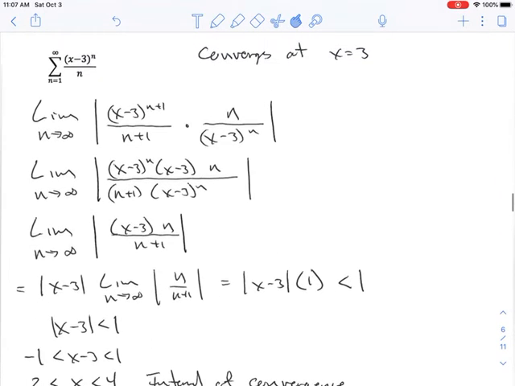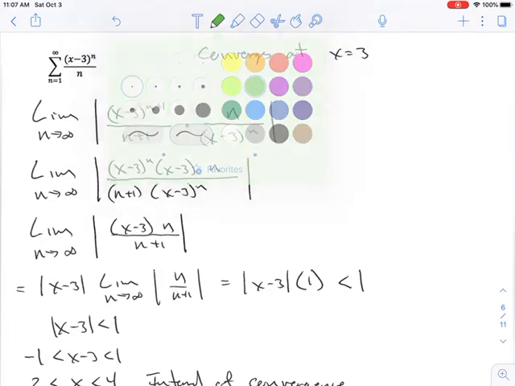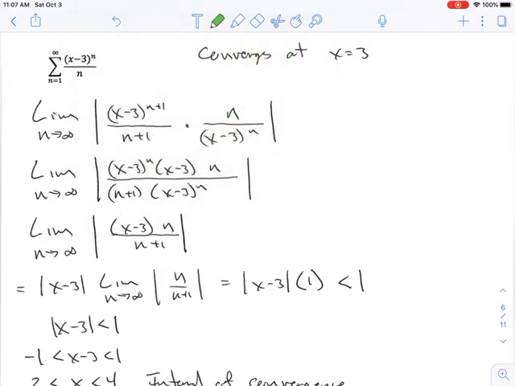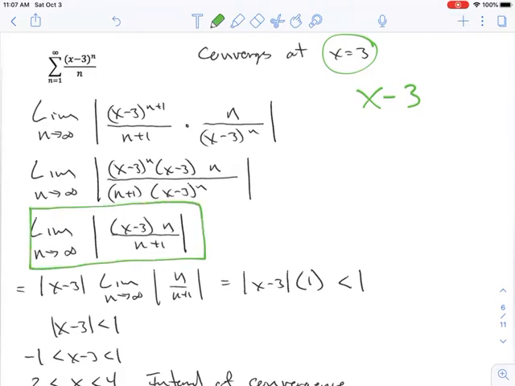All right, let's use green. So this one, it's simpler to see. We have x minus 3. So a is equal to 3, and we know that it converges at 3. Doing the ratio test, we get down to this part right here. And now we can remove the x minus 3.